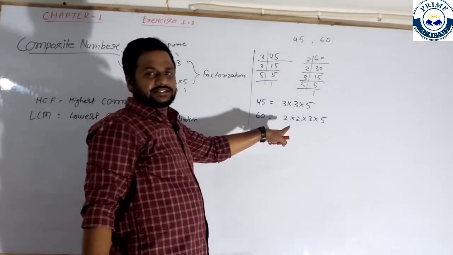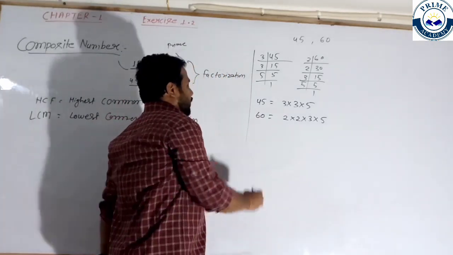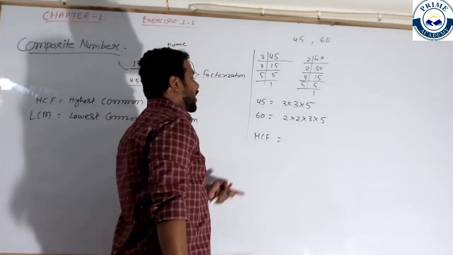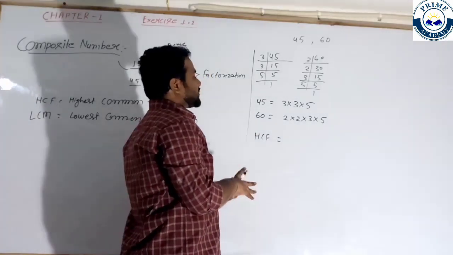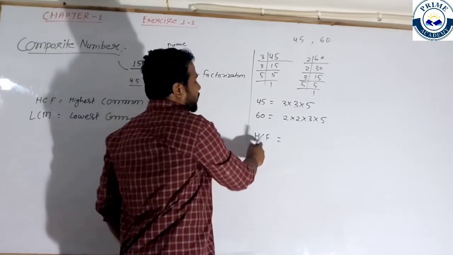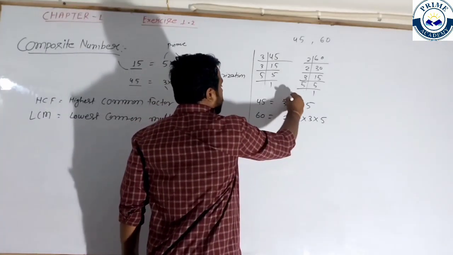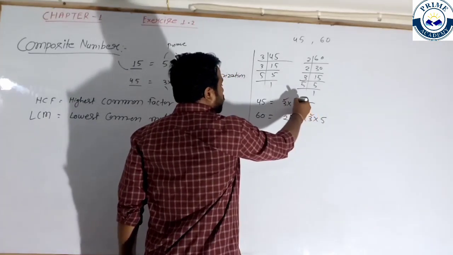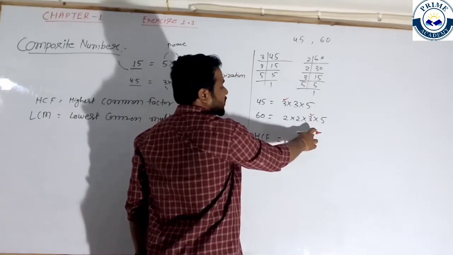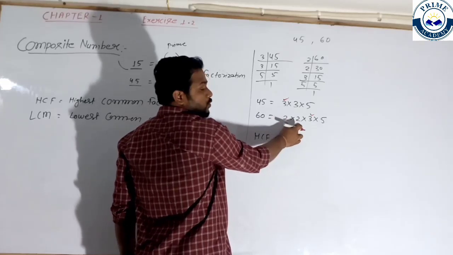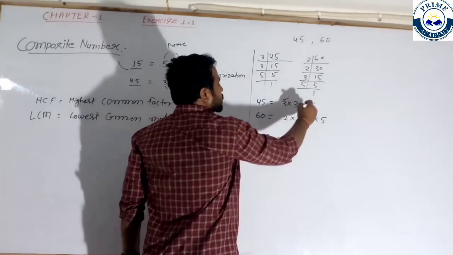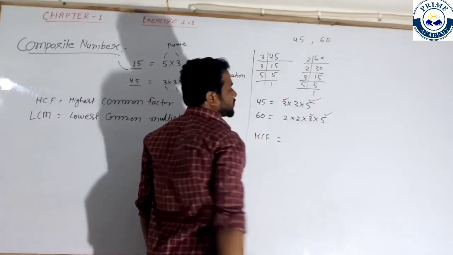So here you can see, how can we calculate the highest common factor, HCF? HCF is the product of what is common. 3 is common here, 3 is common here. One more 3 is here, but 3 is not there. Double 2 are here, but there is no 2 on the other side. So these are not common. 5 is common.